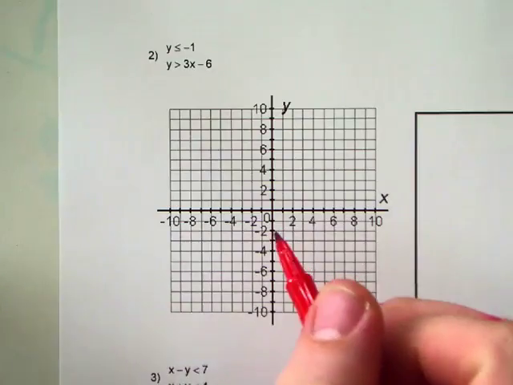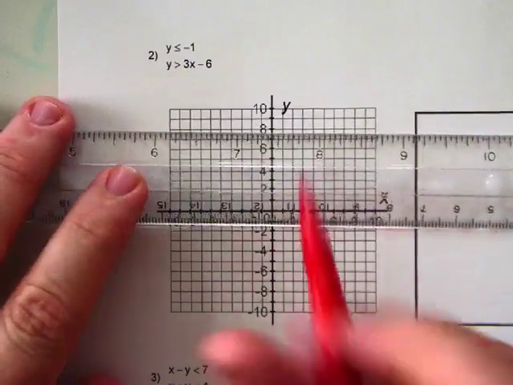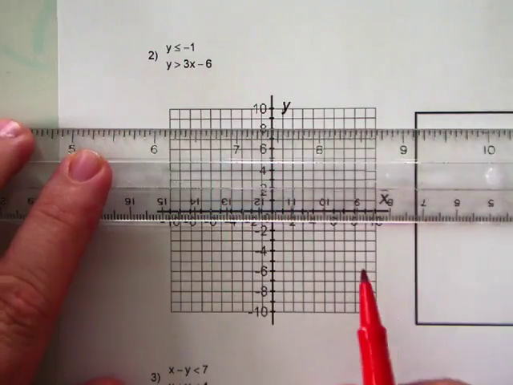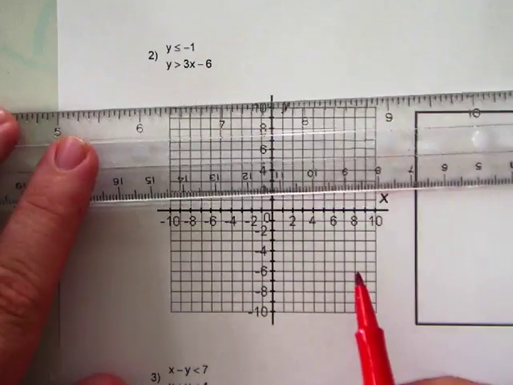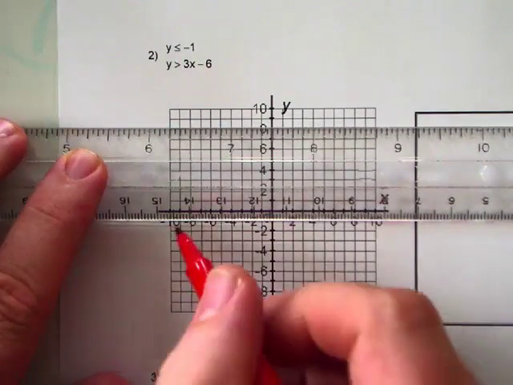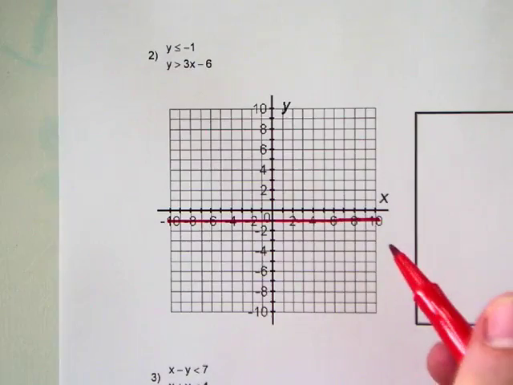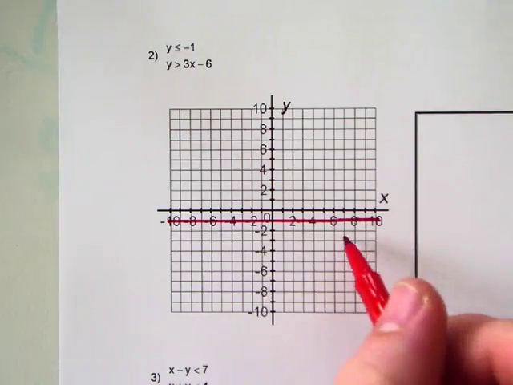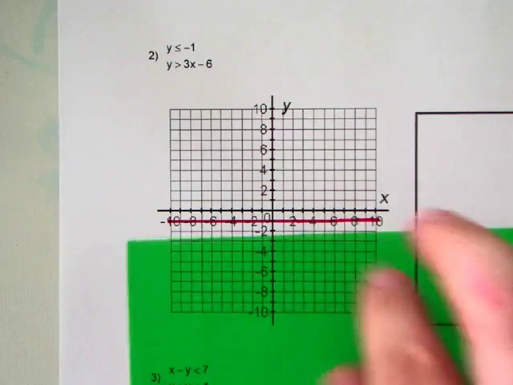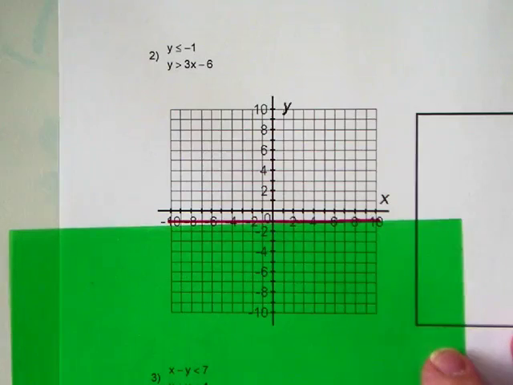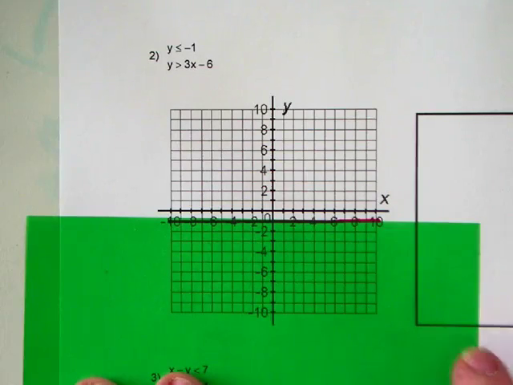So I can do a solid line because it's less than or equal to. If I do a solid line at negative 1 right here, it's got to be less than or equal to all of that. So I've just got to keep in mind that that's where we've got to shade.